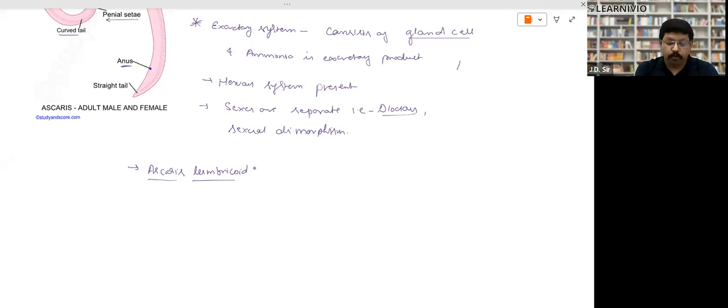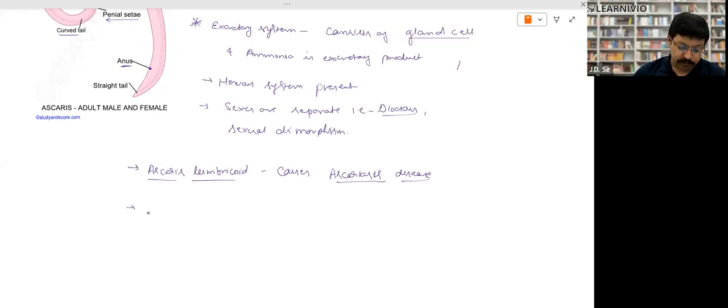It is the giant roundworm and causes ascariasis. Normally it affects very small kids, it does not affect the adult ones. So they go into the intestine of small kids and absorb their food, and that's why they cause anemia and malnutrition in those children, right? So that's one more important thing which you need to note down.